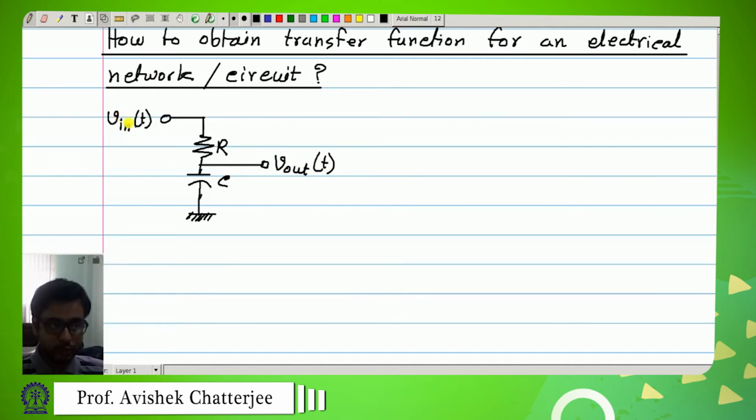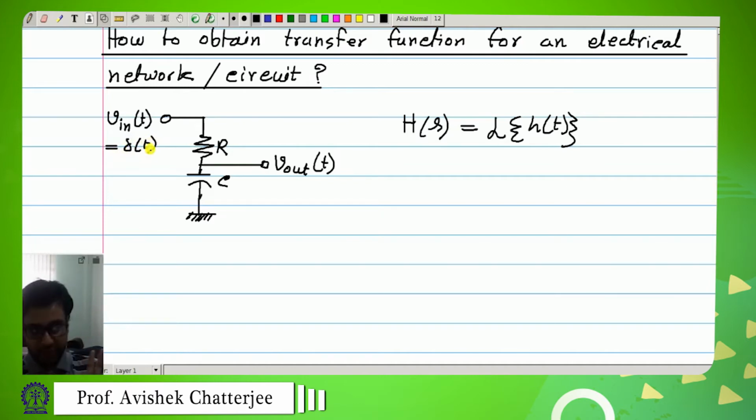So this is input, this is output, and this is the system, and we have to find the transfer function H s. What is H s? H s is the Laplace transform of h t, the impulse response. What is h t? That is the output of the system when the input is delta t. So let me give delta t as the input.